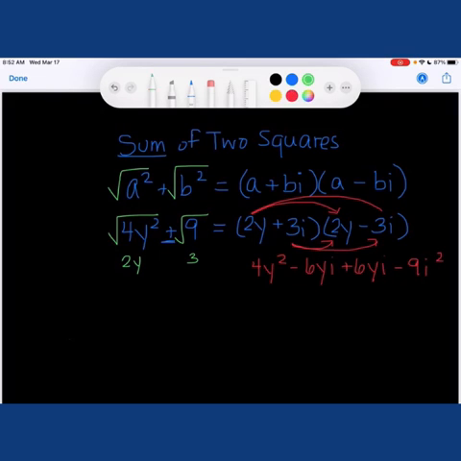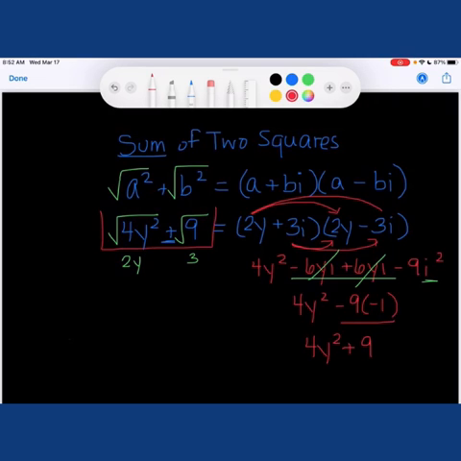Now, you'll notice these cancel out. What you should also notice is that we get an i squared, which we need to replace with negative 1. So I'm going to bring down the 4y squared minus 9 times negative 1. We replace the i squared with negative 1. So when I multiply those, I end up with plus 9 here, which is what we started with, so we know that we've done this correctly.